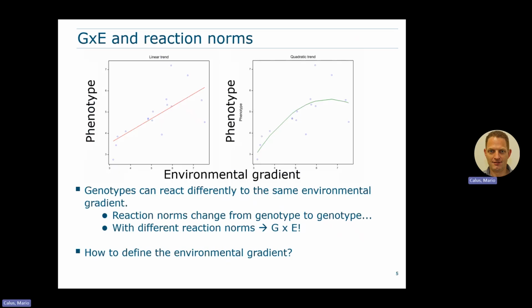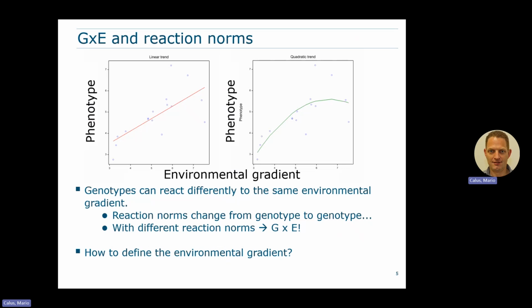So if we talk about reaction norms, this typically refers to the response of an individual, the phenotype of an individual or a genotype, to a particular environment that is expressed on a continuous scale.